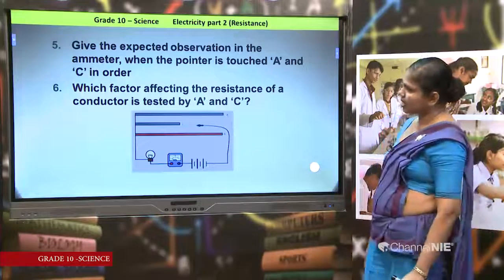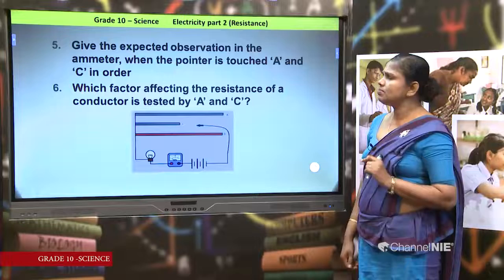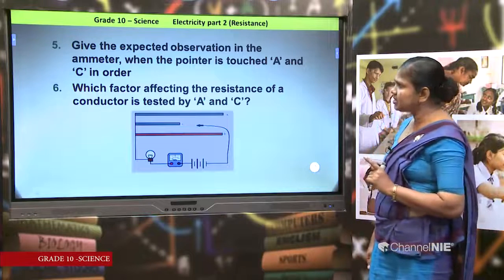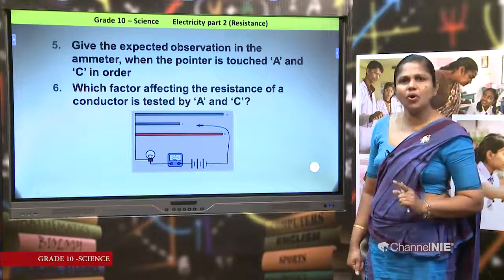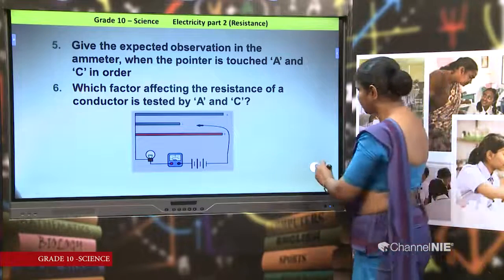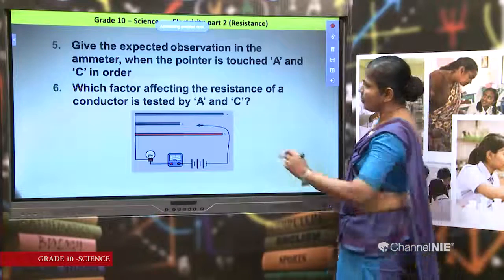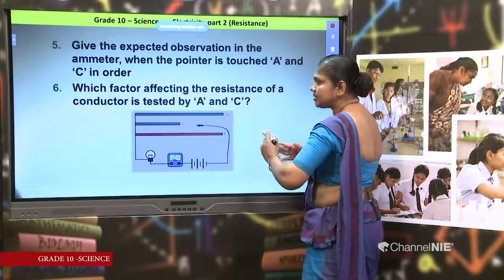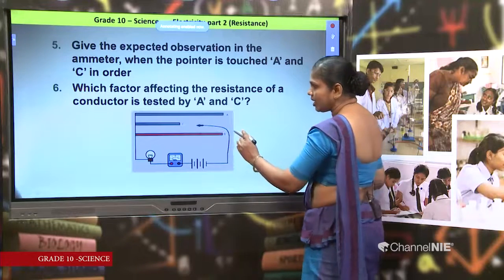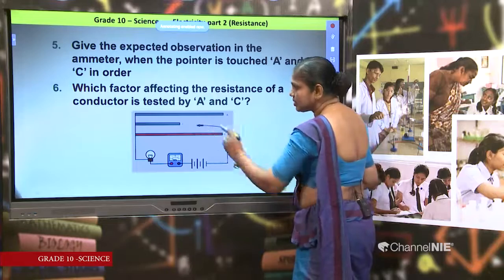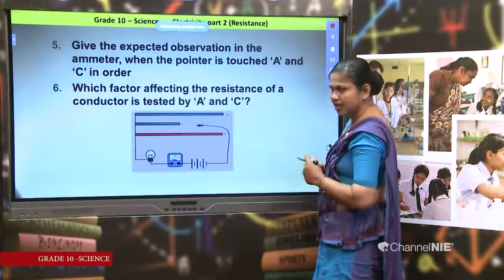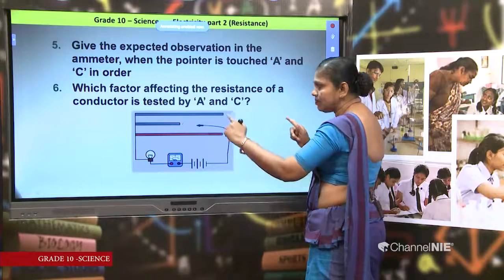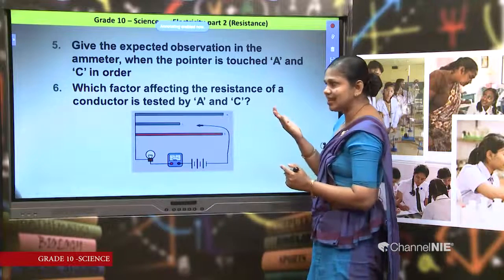Next question. Give the expected observation in the ammeter when the pointer is touched to A and C in order. See, children, when the pointer touches A, it's a long nichrome wire. When it touches C, it's a short nichrome wire. We learned that when the length increases, resistance increases.